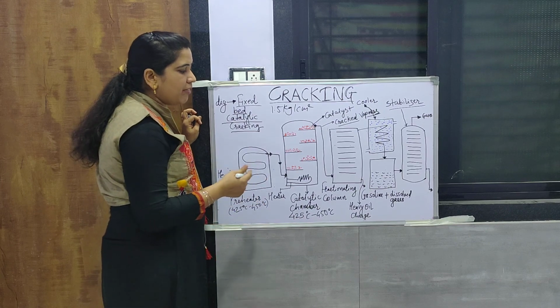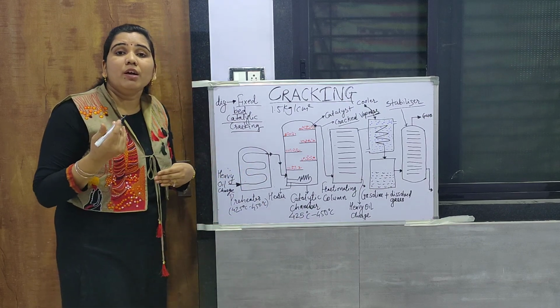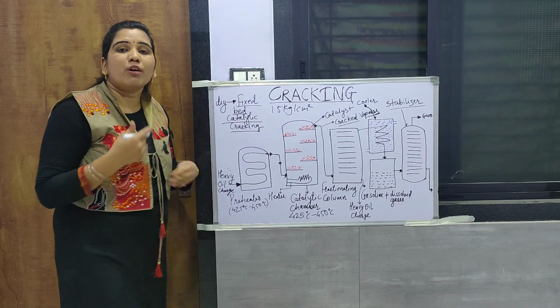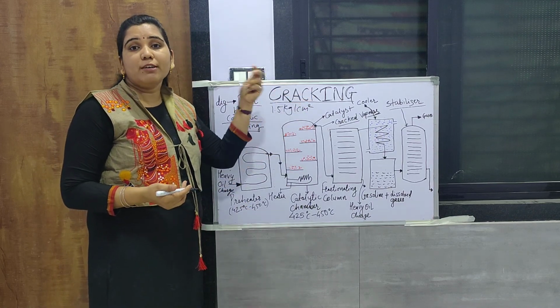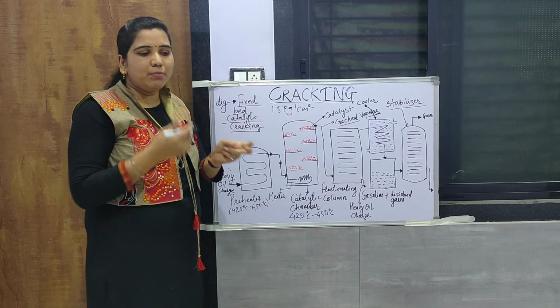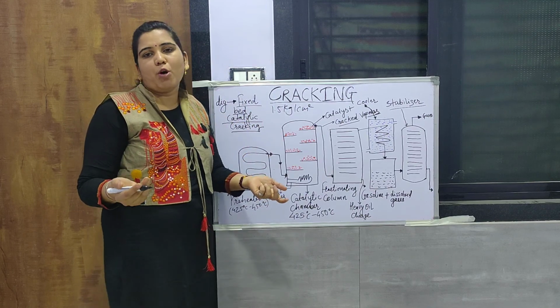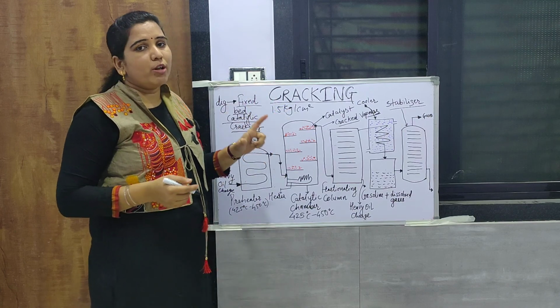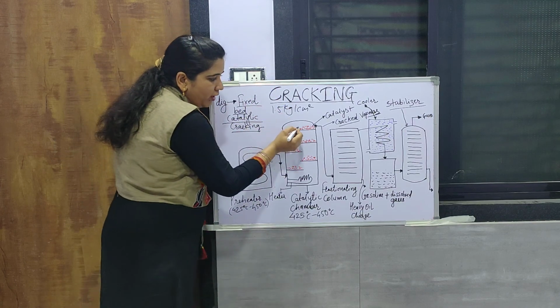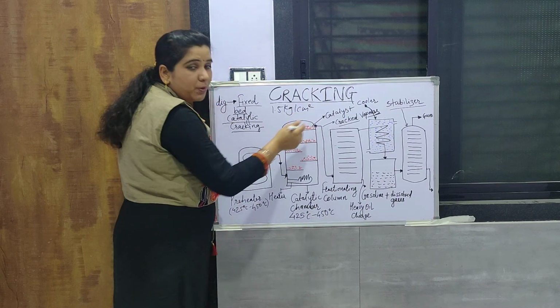Those of very low molecular weight, or gaseous compounds, will come towards the upper side first. For example, methane, butane, propane and pentane are formed. At first methane will come because it is the lowest molecular weight hydrocarbon.